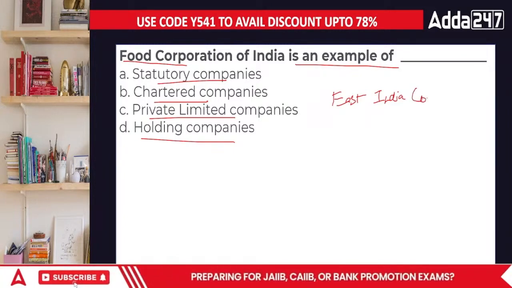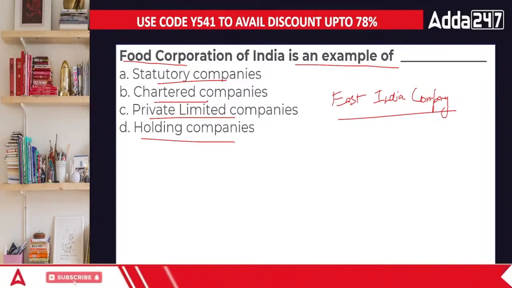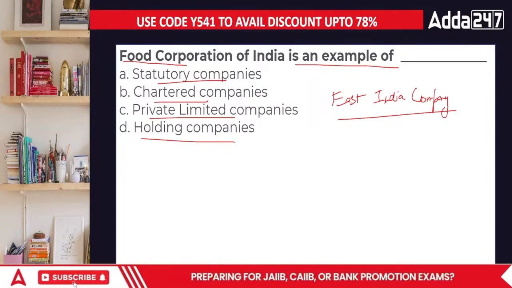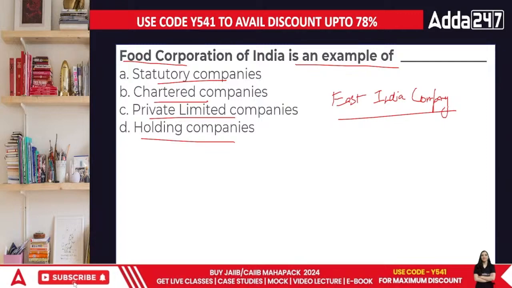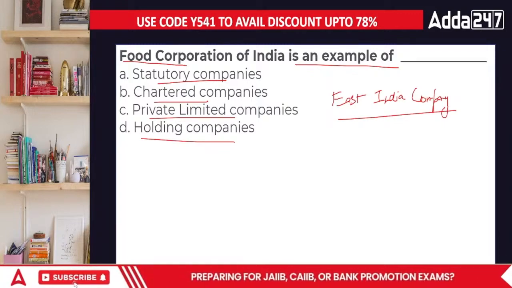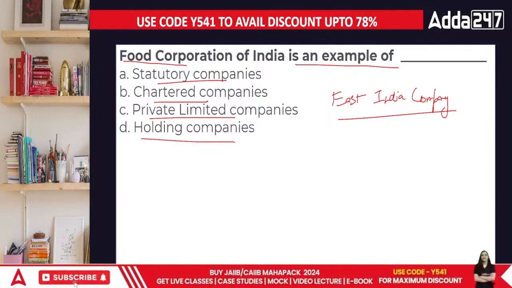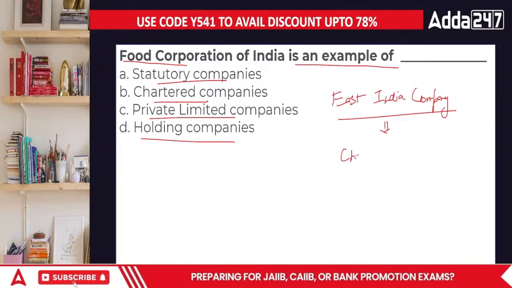This was the company which actually enslaved India, looted our country for 200 years, and took away a lot of things from the country. Again, in 200 years of slavery, we had faced a lot of excavations of our precious stones and everything. So again, there were many things. But now from the point of accounting, East India Company was formed by the Queen. This is actually a chartered company, everyone.